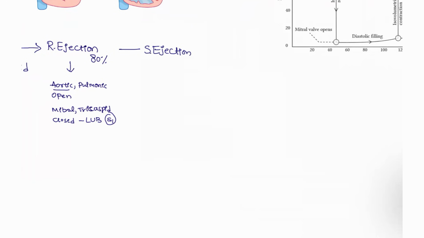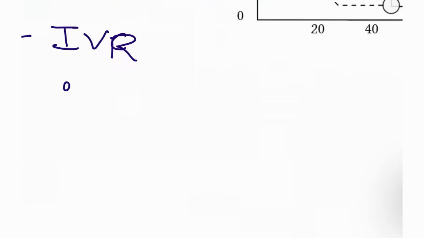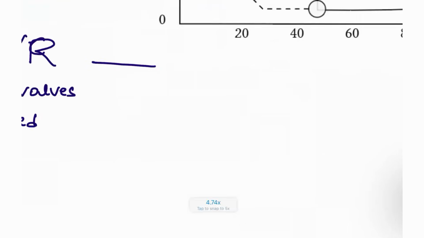Next, after this we move on to the isovolumetric relaxation. During the isovolumetric relaxation, again all the valves are closed. Slightly later there will be rapid filling. Rapid filling means the ventricles should be filled, right?